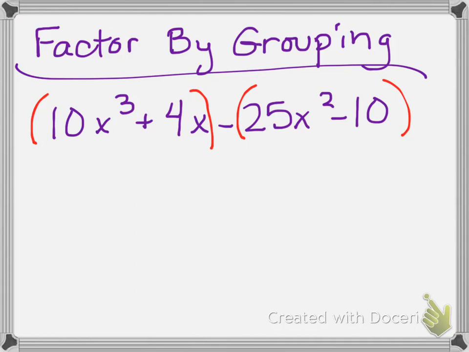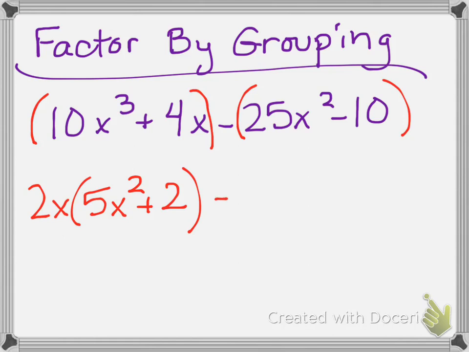The GCF of 10x to the third plus 4x is going to be 2x. When we divide out a 2x, I'm going to get 5x squared plus 2. Is that right? And then I've got my minus sign. With 25x squared minus 10, I'm going to pull out the GCF of, looks like, just 5.